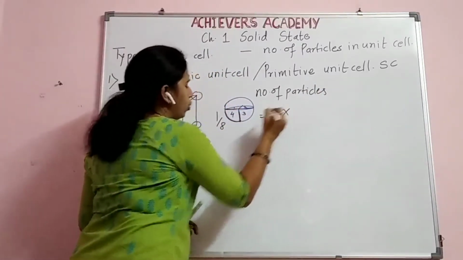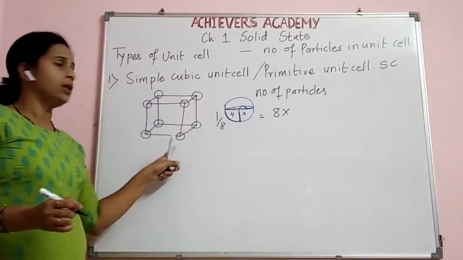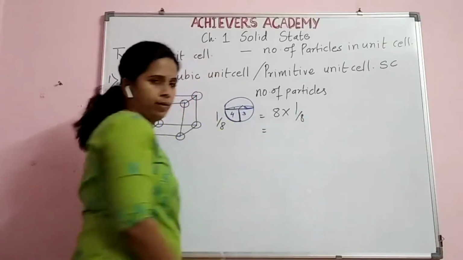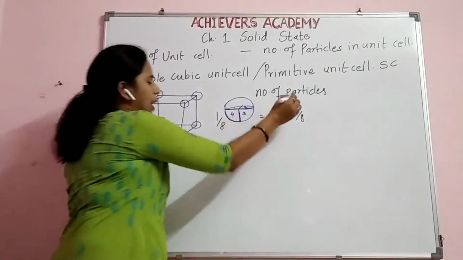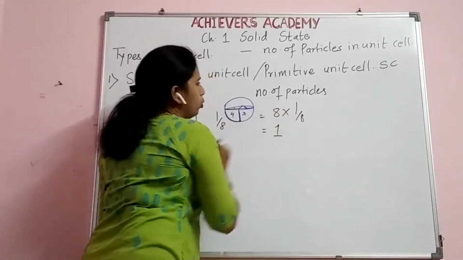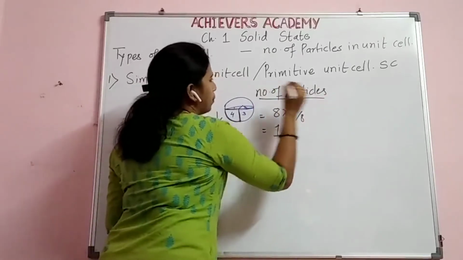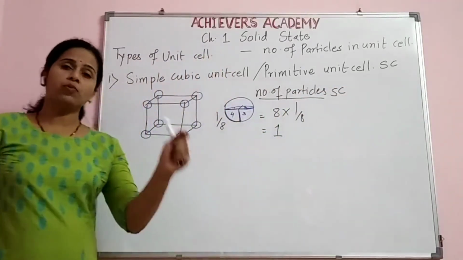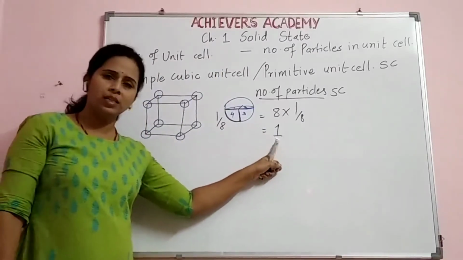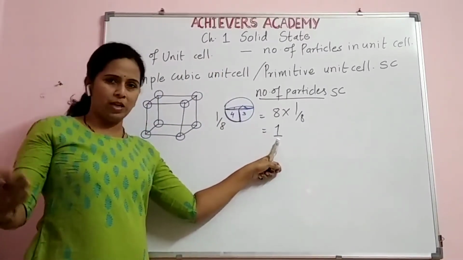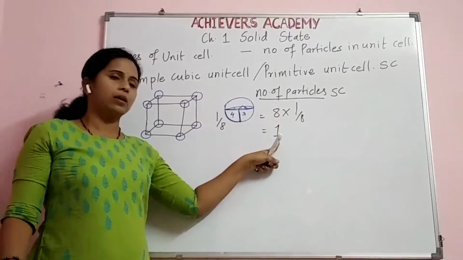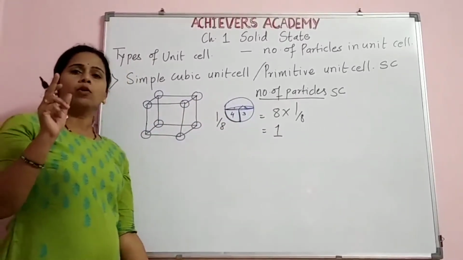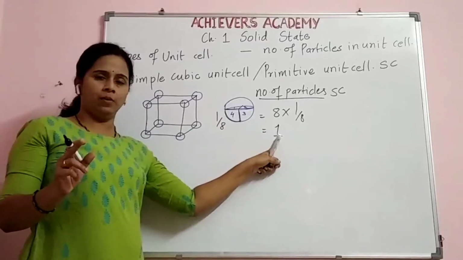So 8 into, out of each of those 8 particles, only 1/8 part is contributed. If we calculate this, ultimately it is equal to 1. So how many particles are present in the simple cubic unit cell? 1 particle. It is very important, students. If you have understood this, you will be able to solve problems based on this. So it is only 1 particle. All 8 particles together make 1 particle.